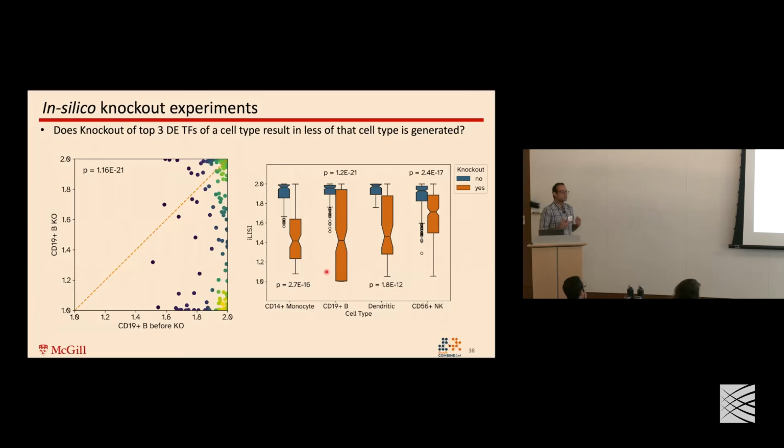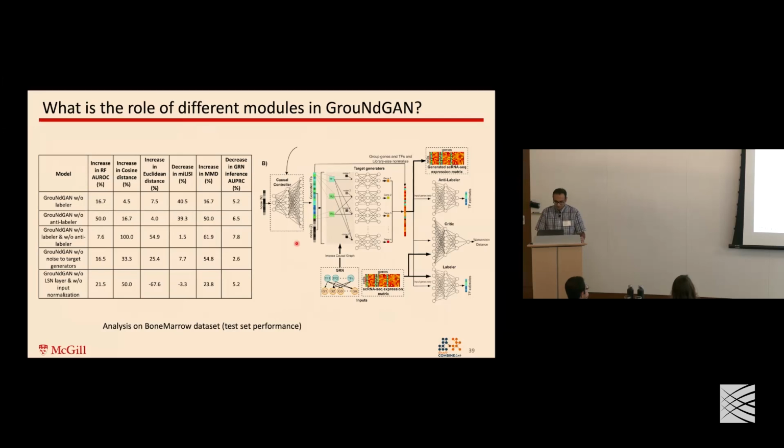So definitely there is some biological signal being captured here with regards to the relationship that exists between different cell types and the real biology. And this is something that we are quite interested in exploring further to turn the model into a predictor of TF knockout experiments.